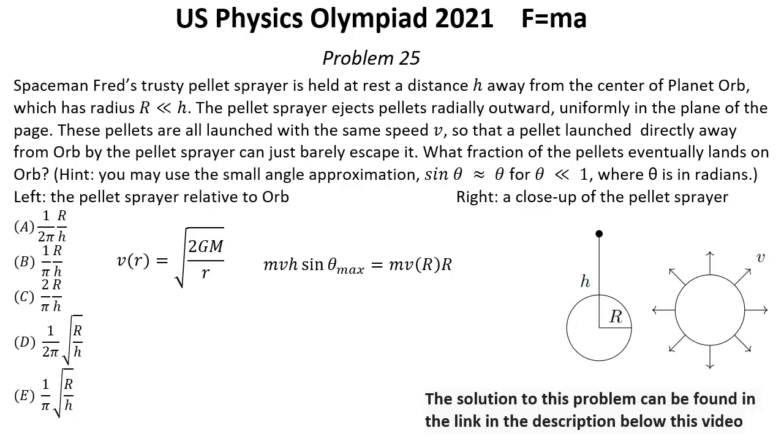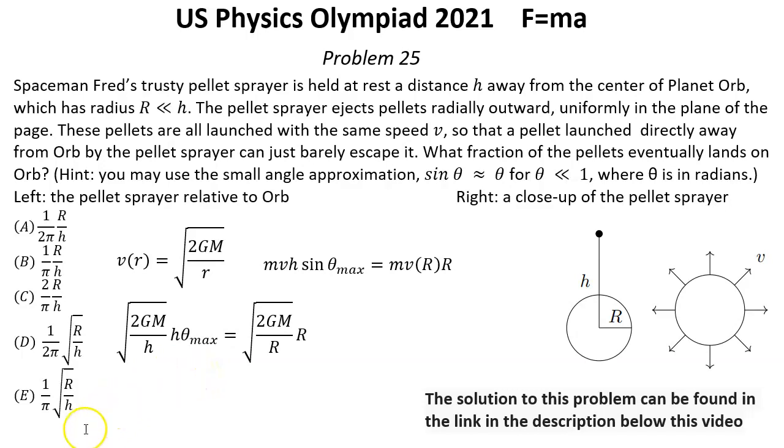The pellet collides with the planet whenever r minimum is less than big R. Then our equation for theta maximum is this one for small theta.